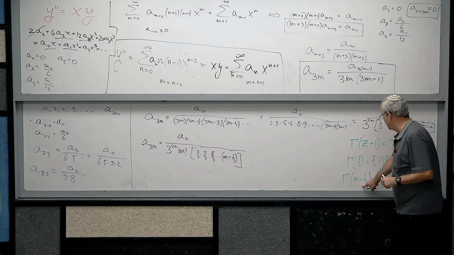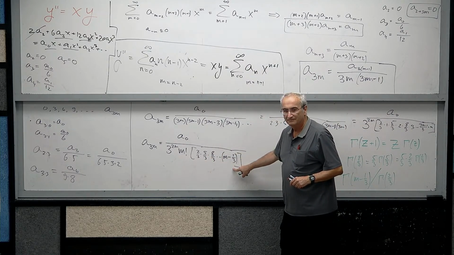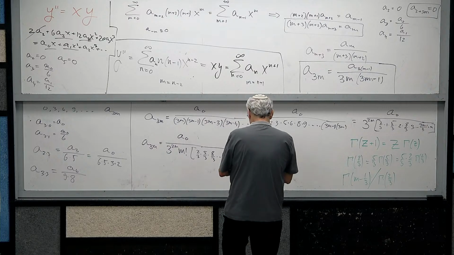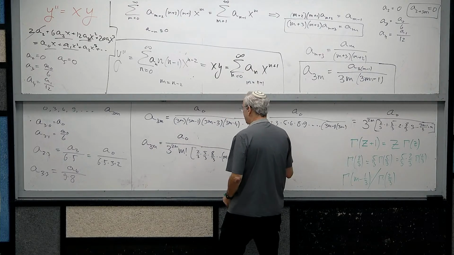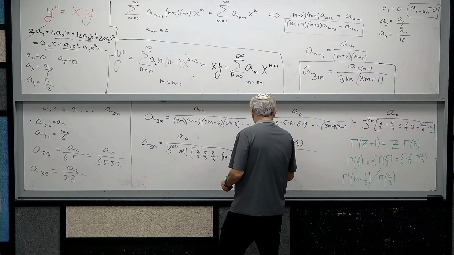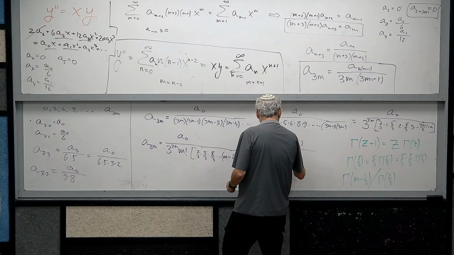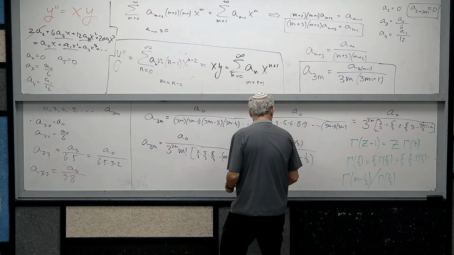So this expression written here is exactly that. And so I can write a3m as a0 times gamma of 2/3 divided by 9 to the m times m factorial times gamma of m minus 1/3.